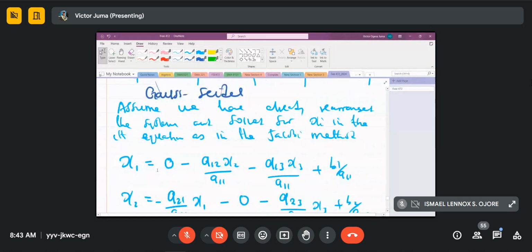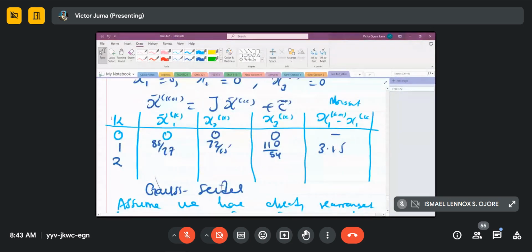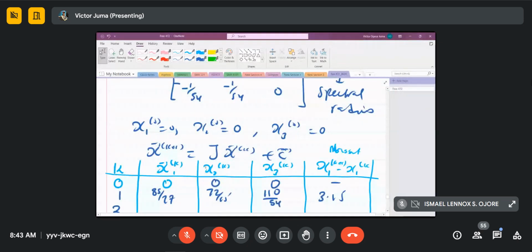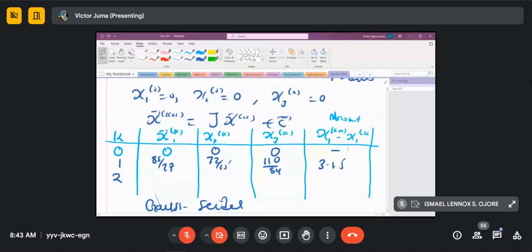Here I wrote x^k, meaning for each k I put the values. I can still keep the k and here write the updated values. Whichever way you want to make these tables, it is okay. So if I put here x^(k+1), then I will not have these zeros. I will only have this, so this will move to the first row.